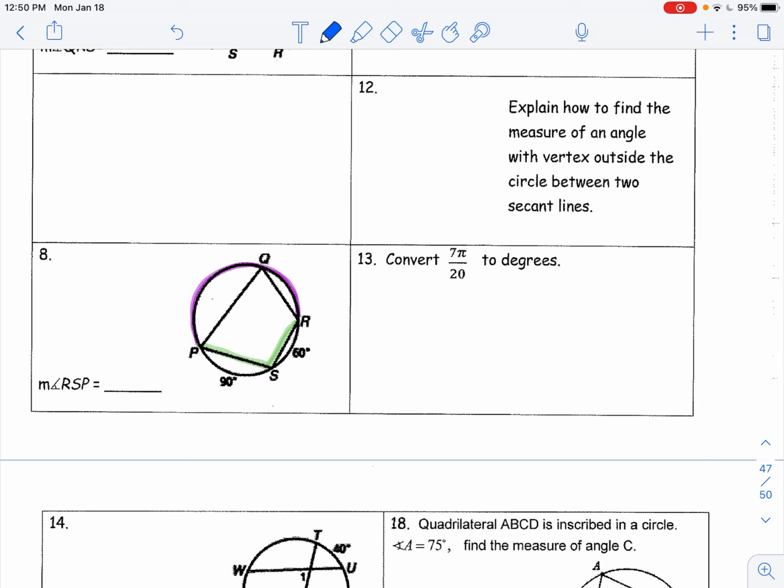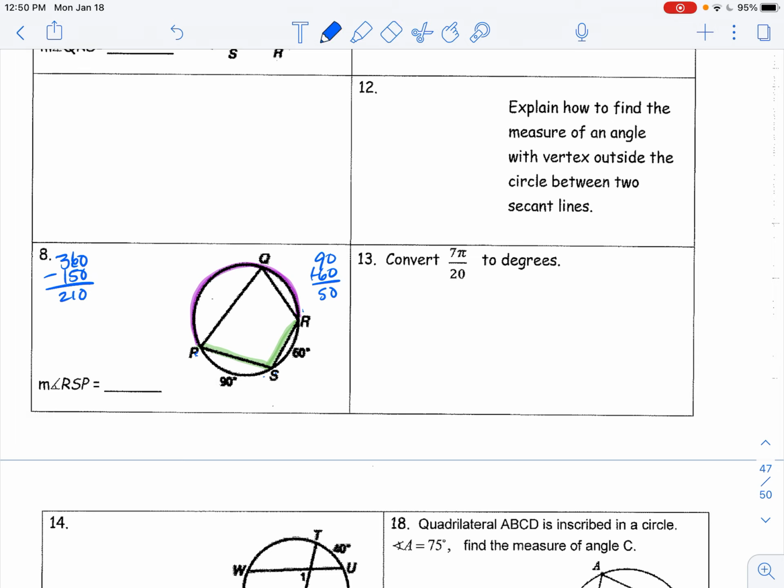If I know that from P to S is 90 and from S to R is 60, 90 plus 60 is 150. That is the minor arc. In order to find this major arc, I'll take 360 and subtract 150. That's going to give me 210. So this major arc is 210.